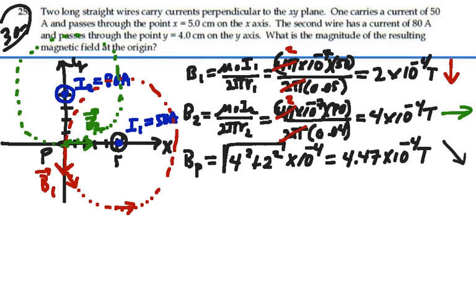So if we write this in terms of microtesla, that would be 447 microtesla, the magnitude of the resulting magnetic field at the origin, going down at an angle like this, 447 microtesla.